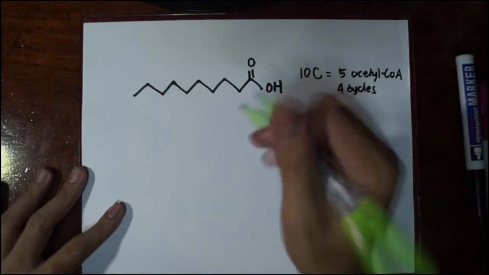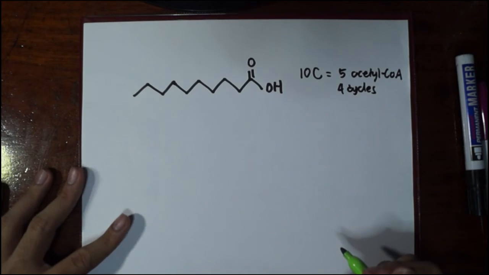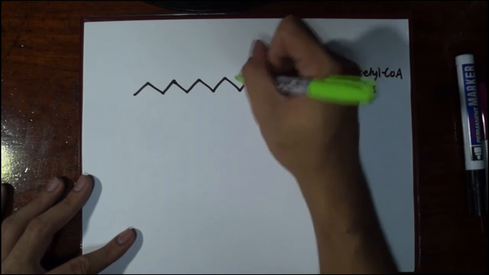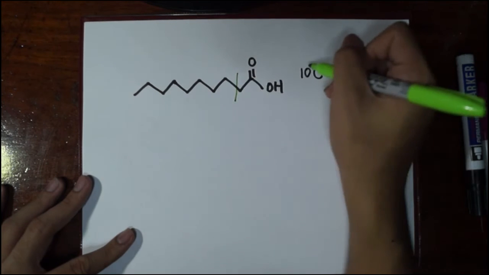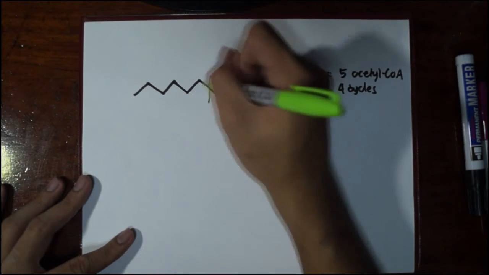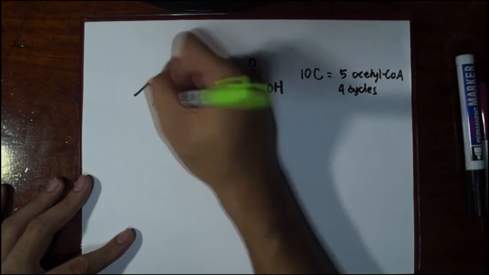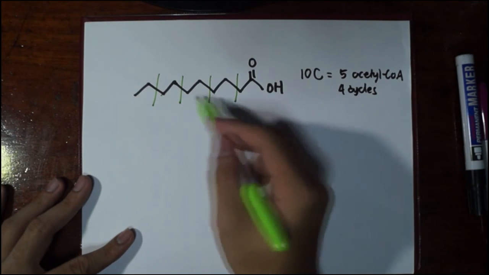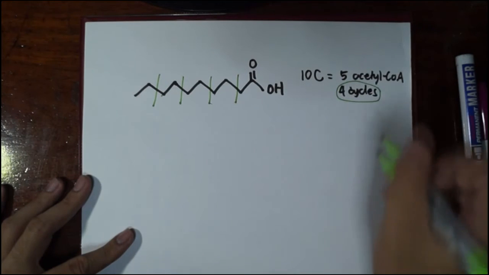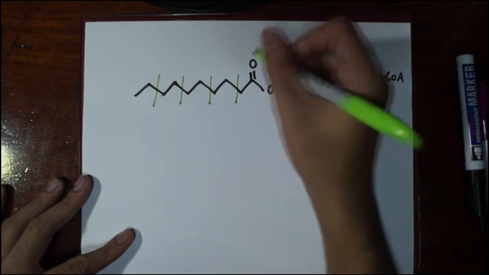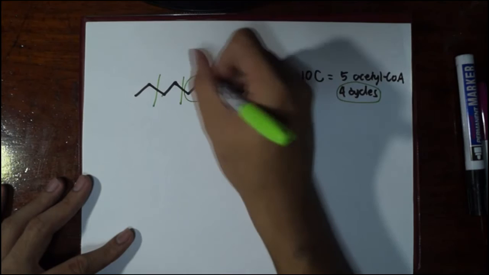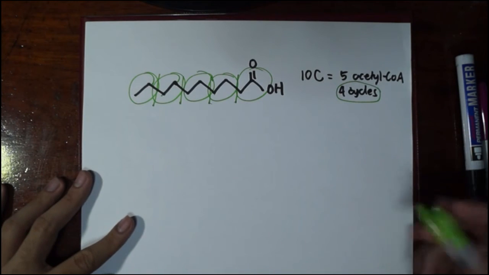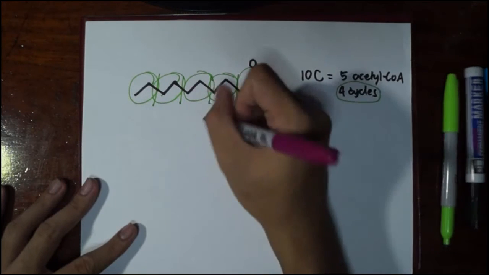For every cycle, we cut off 2 carbons, right? So this is the first 2 carbons that will be cut. 1, 2. Then another 1, 2. Then another 1, 2. Then another 1, 2. How many cycles did we go through? 1, 2, 3, 4. 4 cycles only. And then we ended up with how many? 1, 2, 3, 4, 5. 5 acetyl coenzyme A's.